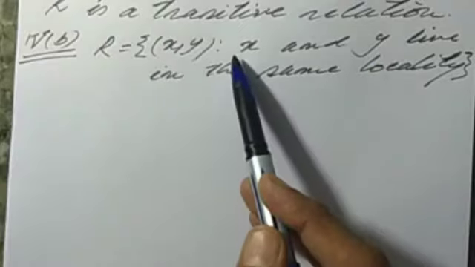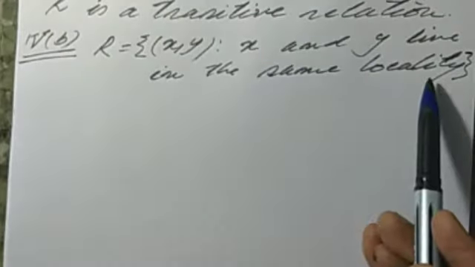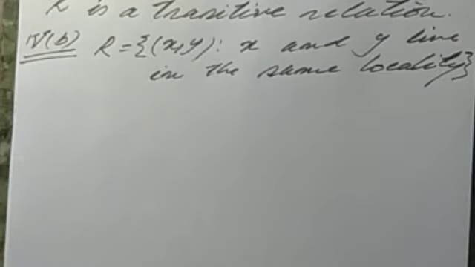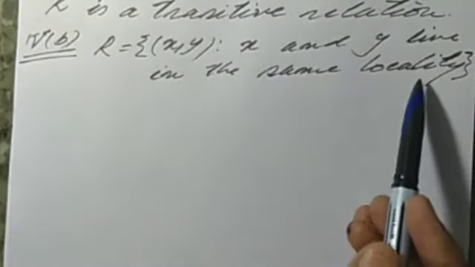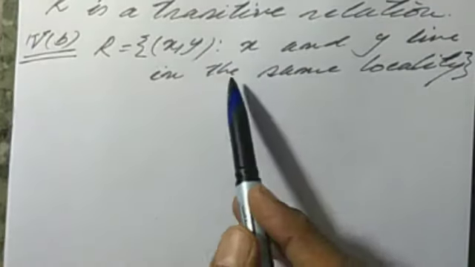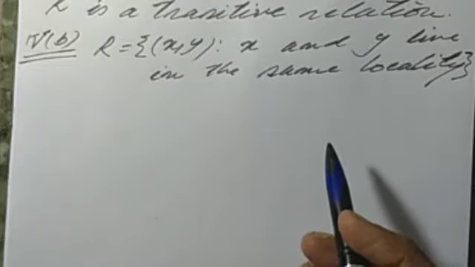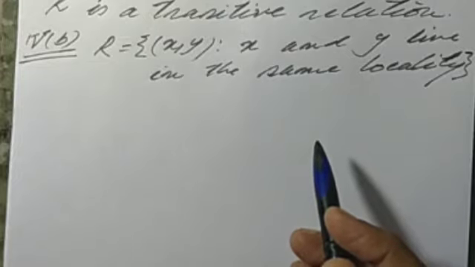If we replace y here by x and we write (x, x), the statement will be x and x live in the same locality, which is a true statement. Then we may say that R is a reflexive relation. And if the statement x and y live in the same locality may be written as y and x live in the same locality, so we may say that if (x, y) belongs to R, then (y, x) must also belong to R.